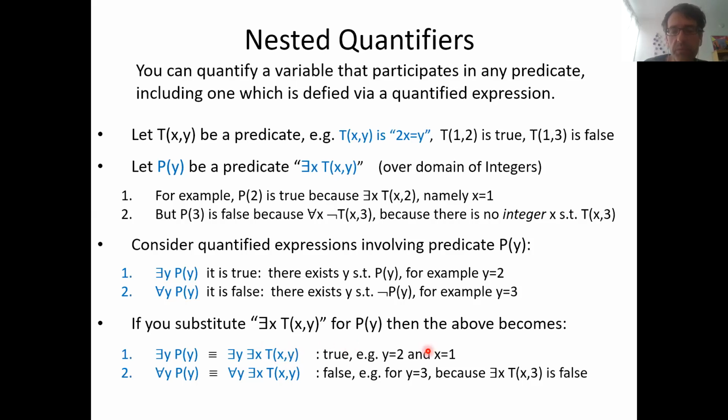And boom, it's true. I just unfold and bring up the same example. And this quantified statement can be unfolded as this nested quantified statement: for all y, there exists an x such that y is a double of x. That's false. 3 is a counterexample, and so is every odd number.